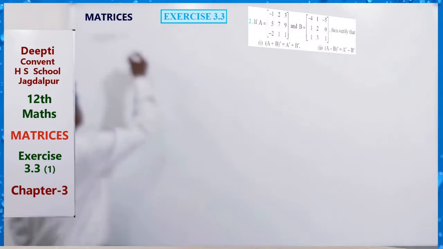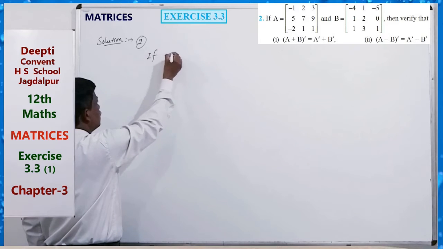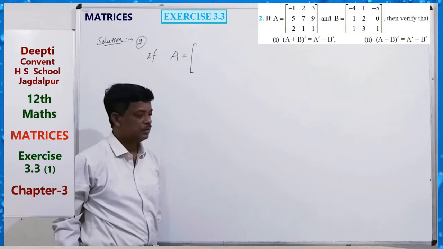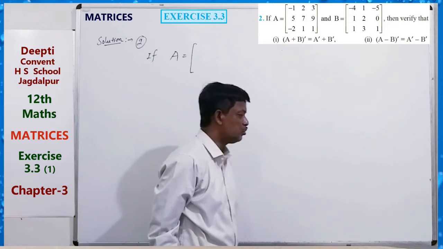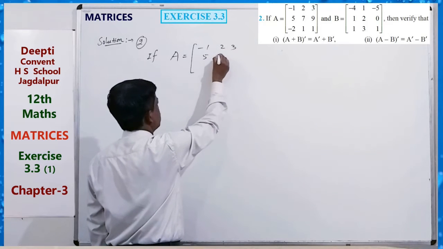So here, first of all, question 2. If A equals to what is given? A equals to minus 1, 2, 3, 5, 7, 9, and minus 2, 1, 1.